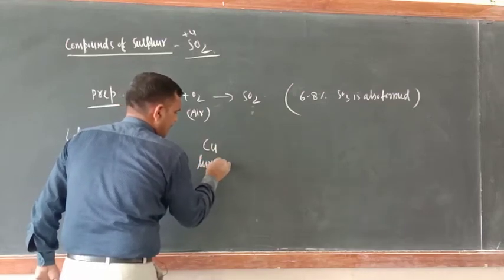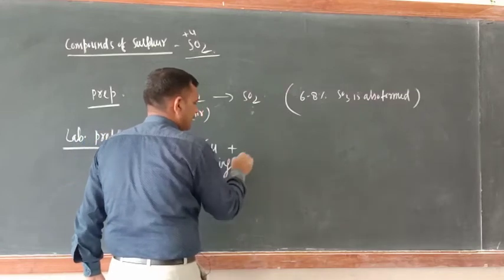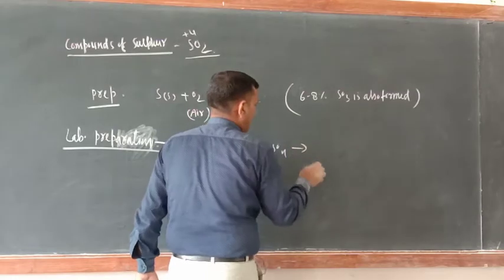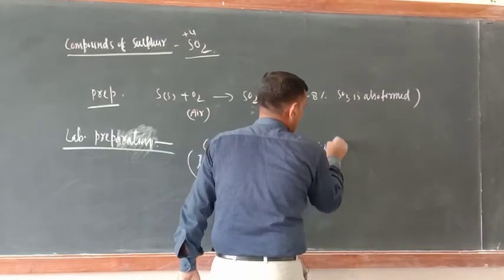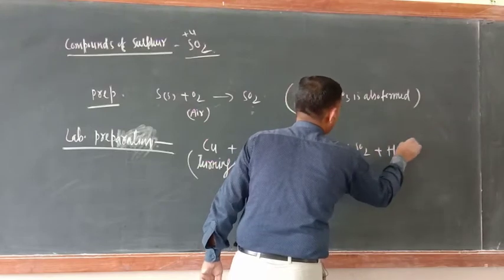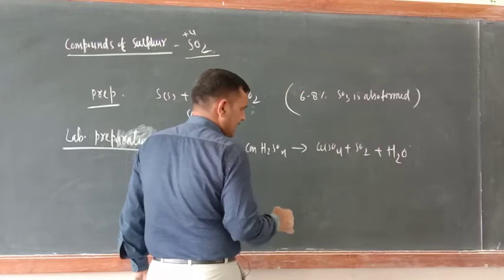Now it should be treated with concentrated H2SO4. So what is formed here? CuSO4 plus SO2 plus H2O will form here. So you can balance the reaction also.